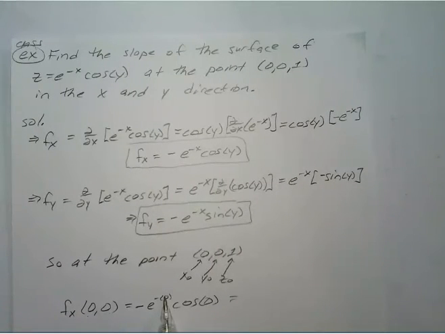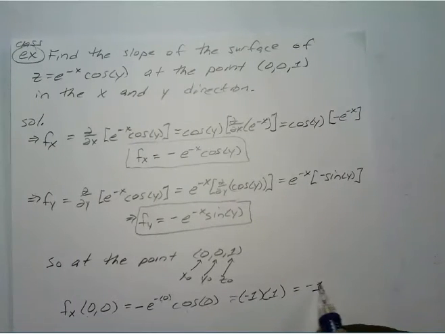Okay. E to the power of 0 is just 1, so you have a negative 1. And cosine of 0 is just positive 1. So that's negative 1. So the slope in the x direction is negative 1.